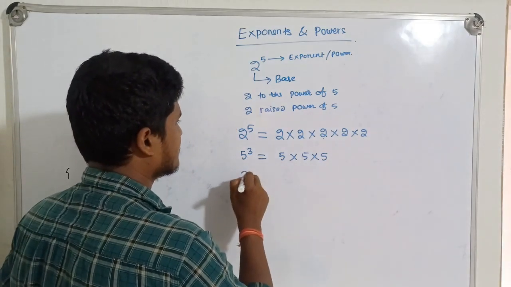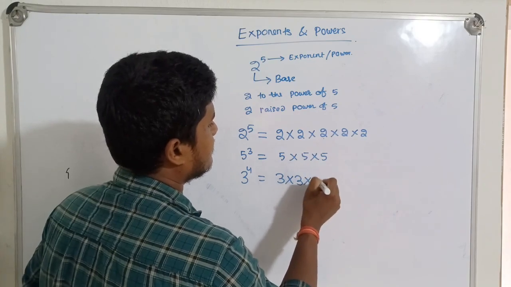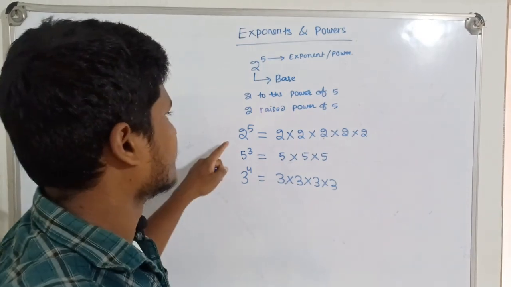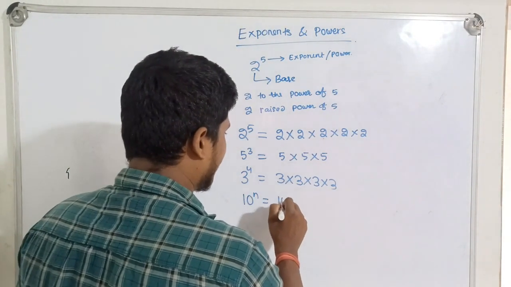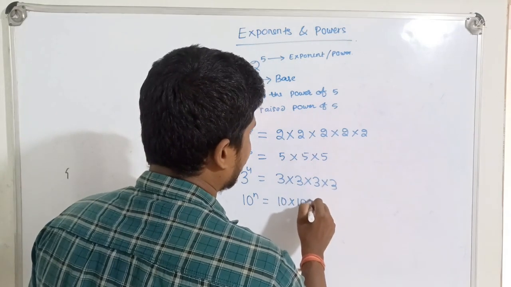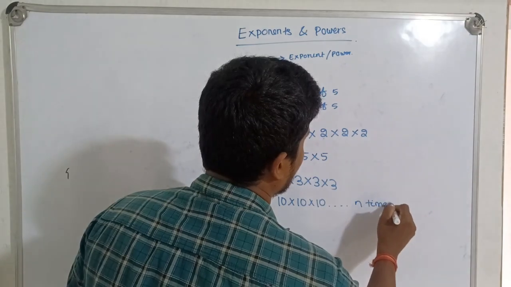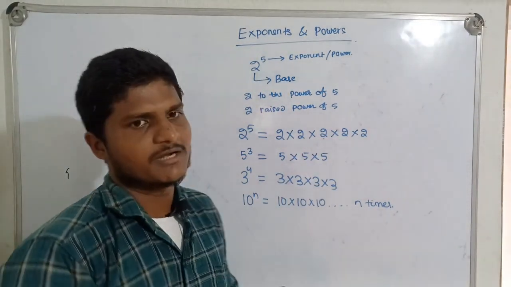Suppose 3 to the power 4: 3 into 3 into 3 into 3. Similarly, 10 to the power n is 10 into 10 into 10, n times. This is the main basic concept of exponents and powers.